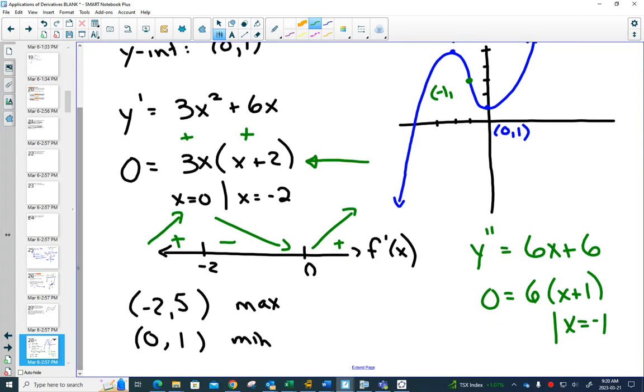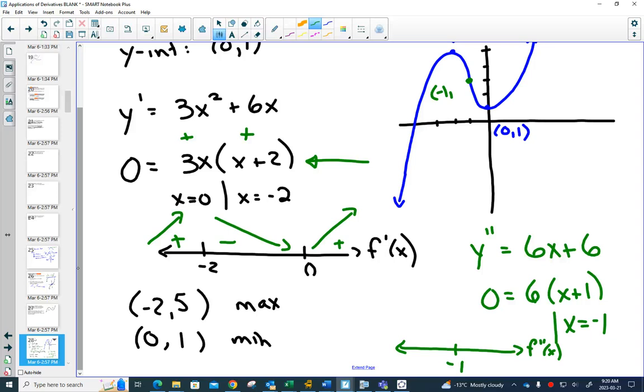And we will also be making a number line for our second derivative, plugging in where it's -1 and any non-permissible values. And in the same way you check positives and negatives with your first derivative, we'll be checking positives and negatives with our second derivative.